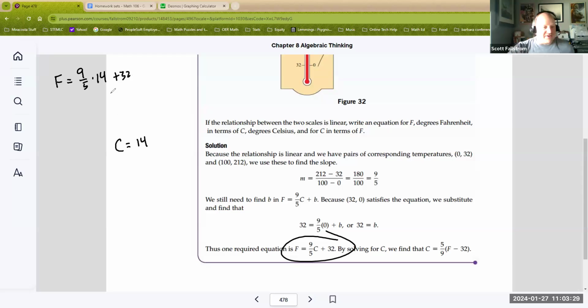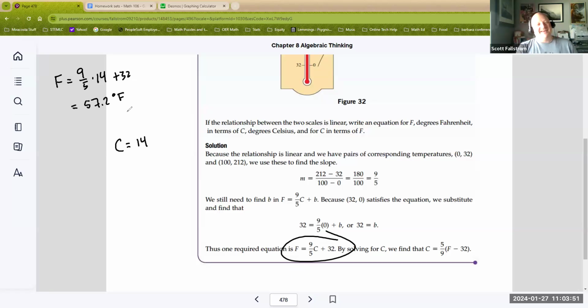And now I got to grab my calculator because I don't have that one memorized, and it's going to be probably a decimal number anyway. So 9 divided by 5 times 14, plus 32. Okay, that's 57.2 degrees Fahrenheit.